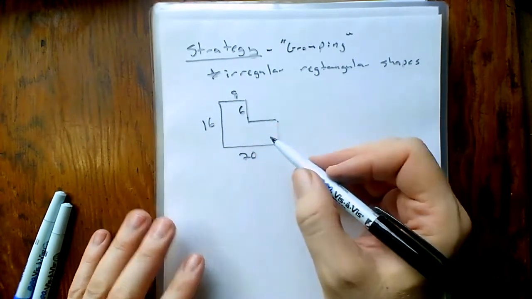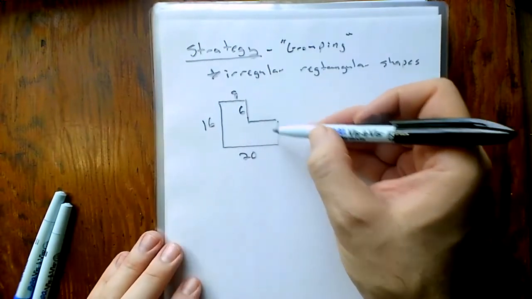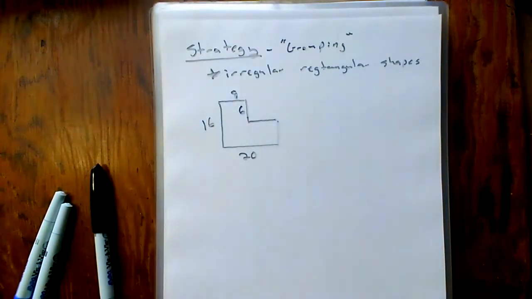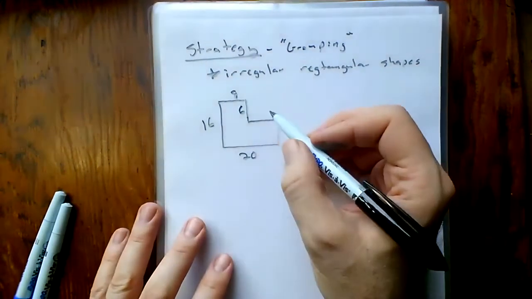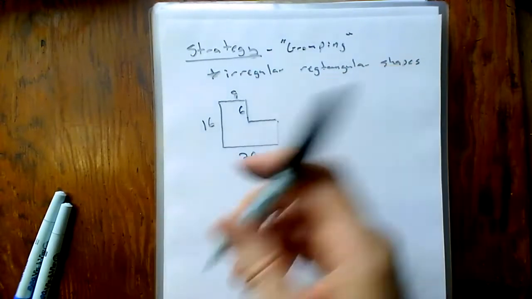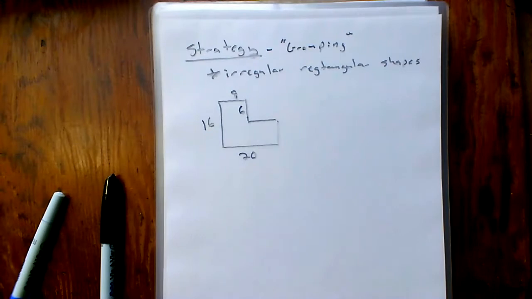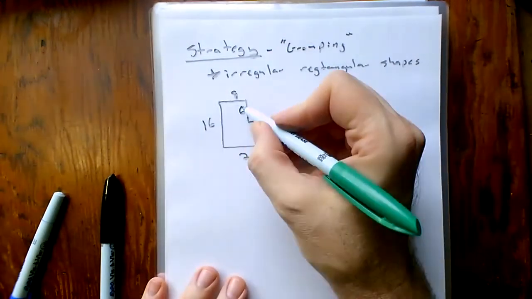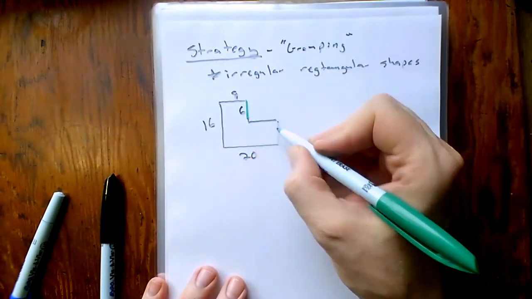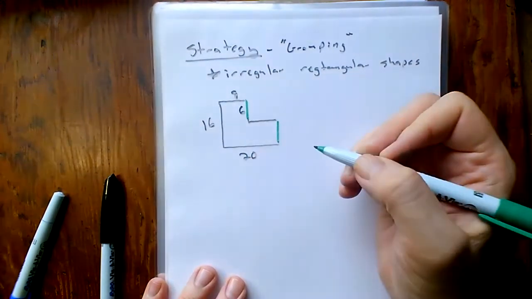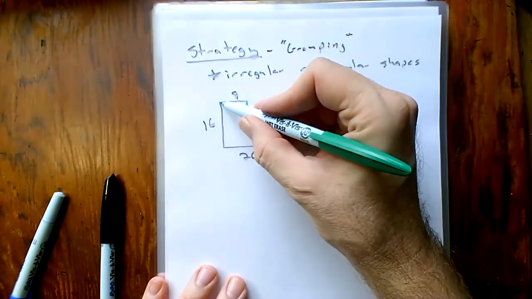Now, if I wanted to, I could figure out what these other two sides are. But here is the strategy I prefer. Actually, both of these things use the same idea. I can infer that these two sides would add up to be this length.